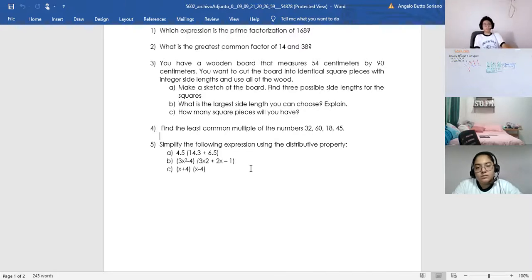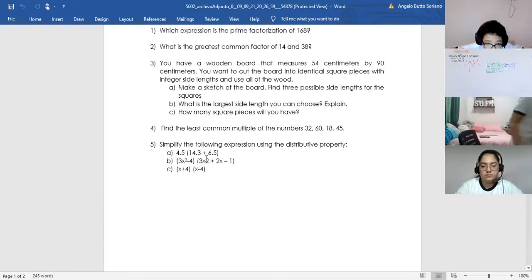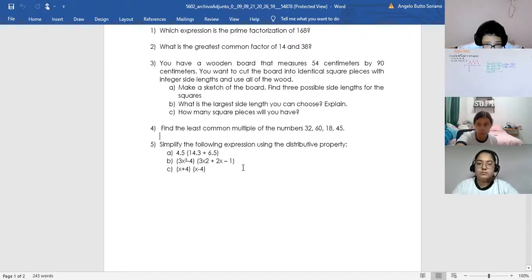But if we have the same letter with the same power, like terms, or two numbers without letters, these are like terms, and we can add or subtract depending on the case, okay? So in B, 3x cubed multiplies 3x squared, also multiplies 2x, and also multiplies -1, all right? 3x cubed, 3 times the distributive property, and -4, 3 times also.